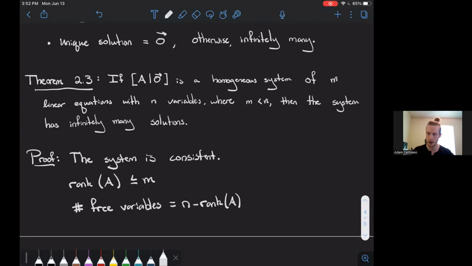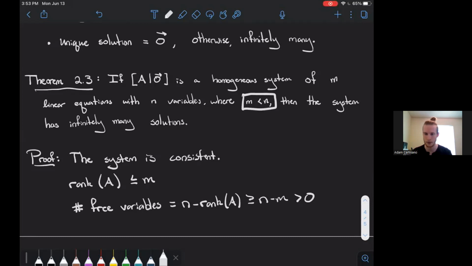So this number that I've constructed is greater than or equal to n minus m. If I subtract a number which is smaller than m, I'll end up with a number which is bigger than if I had subtracted just m. Or if they're all equal, they're all equal. But by hypothesis, by the assumption in our theorem, there were fewer linear equations than there were variables, which means that n minus m is a strictly positive number.